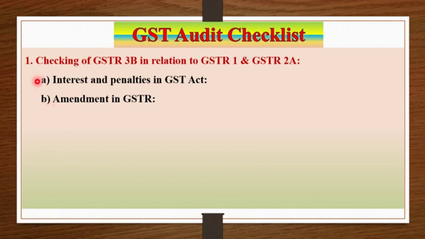Friends, under this, the recipient could claim extra input tax credit, and for this it is compulsory for him to pay interest at 24%. This is applicable on the excess tax amount. Auditors need to reconcile GSTR 3B with GSTR 2A to make sure that the organization does not claim extra tax credit.